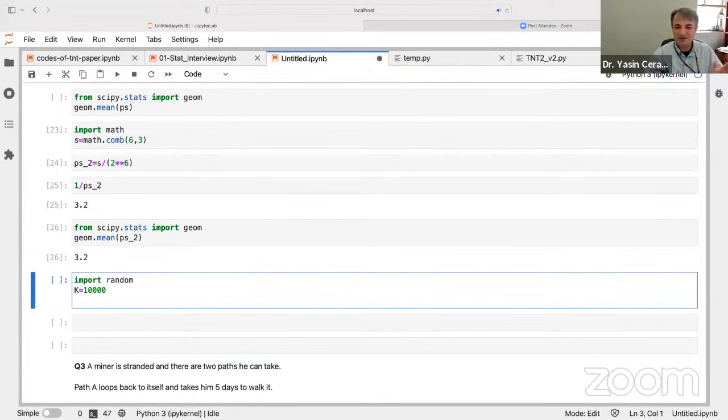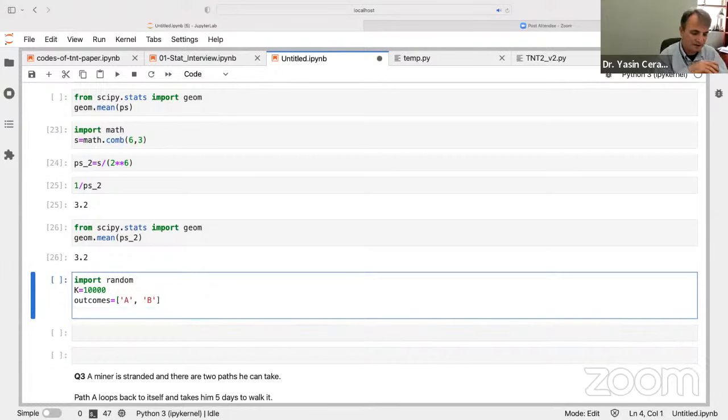Each time, I'm going to count how many rounds it takes, and then I'm going to average them. Let's call the outcomes A and B, and I will keep the number of rounds in this list.